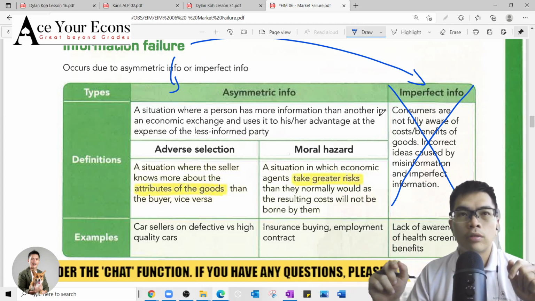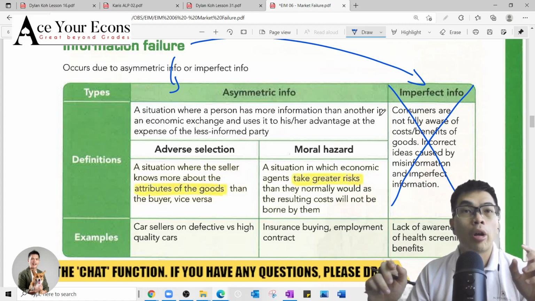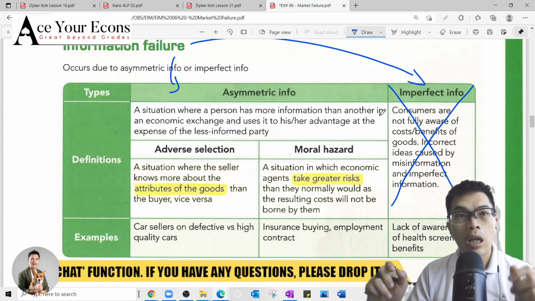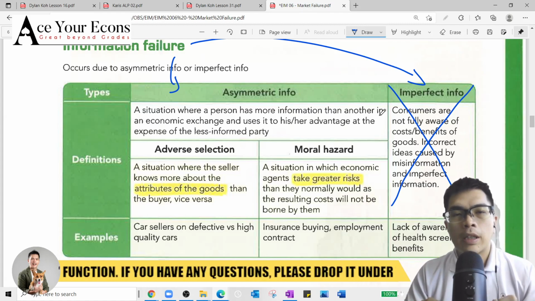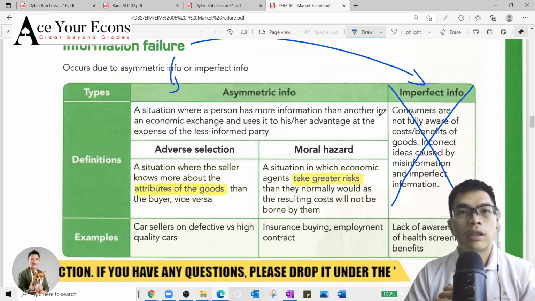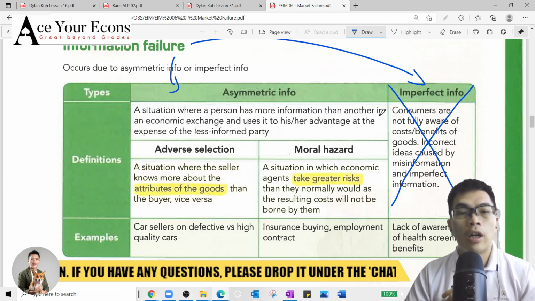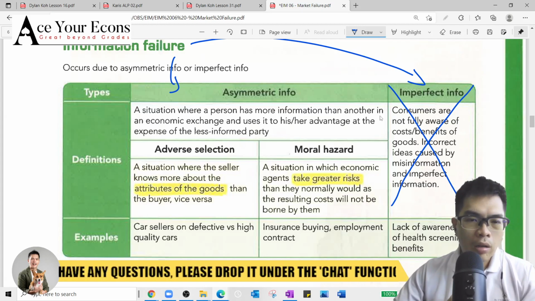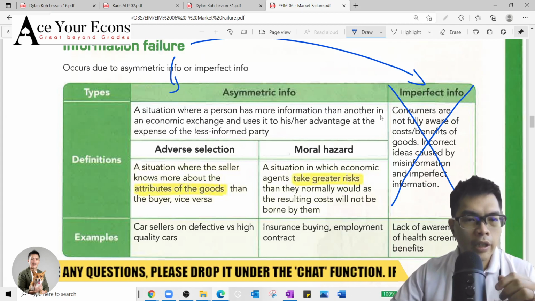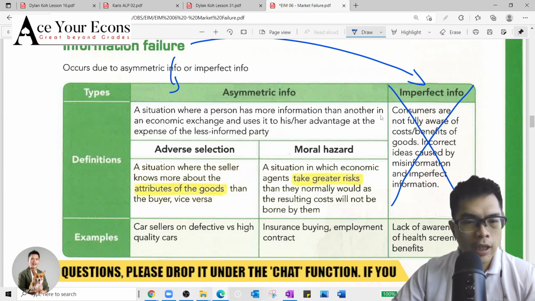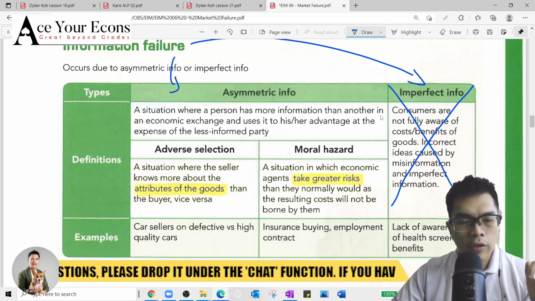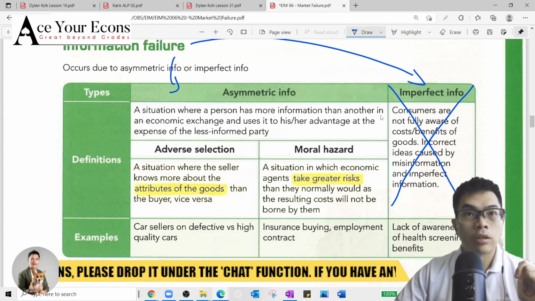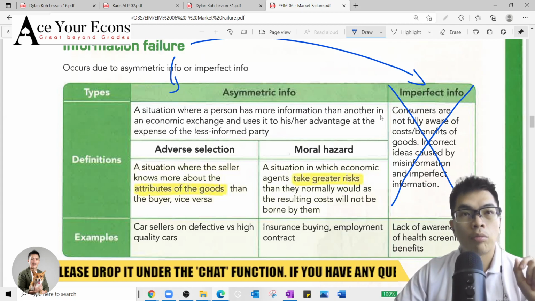The example I used last week was the employment market, where the employees have more info over their working capabilities than employers. So pay attention: most likely the producer has more info over the attributes than the consumer, but it's not necessarily the case. The consumer can have more info.